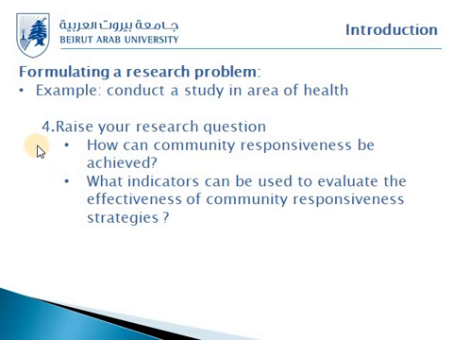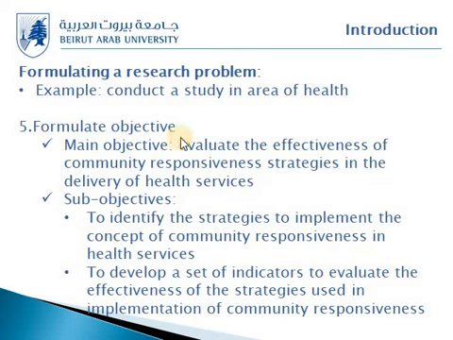The next step will be raising your research question. It might be how can community responsiveness be achieved, or what indicators can be used to evaluate the effectiveness of community responsiveness strategies. So you can write the list of the research questions here and then decide which one you want to adopt. Then it's time to formulate the objective.